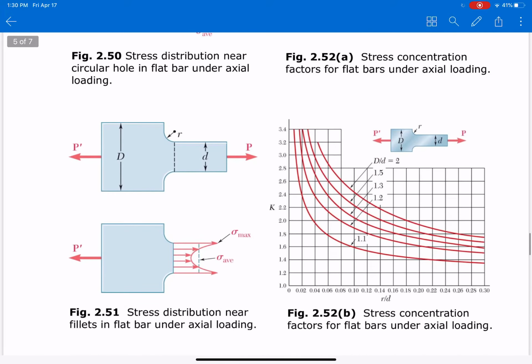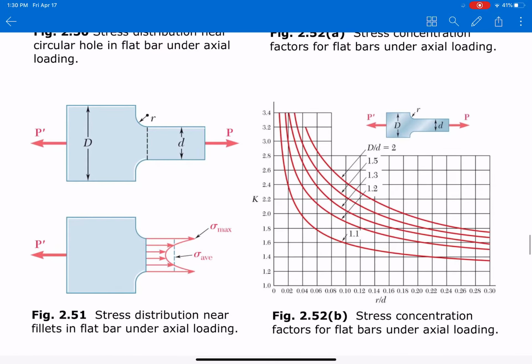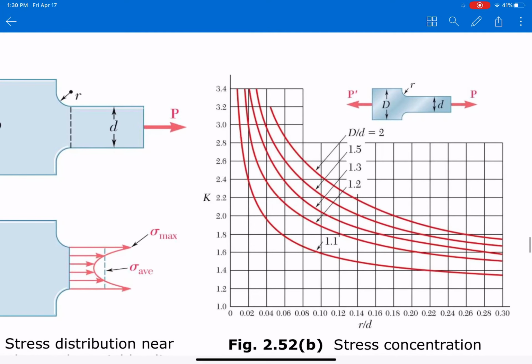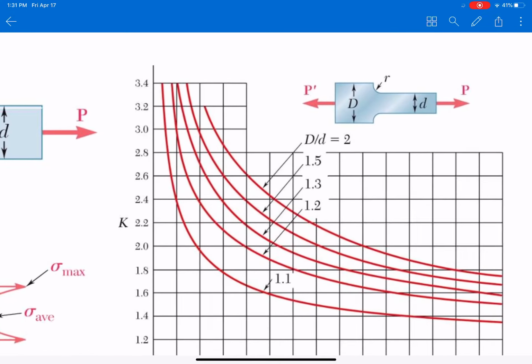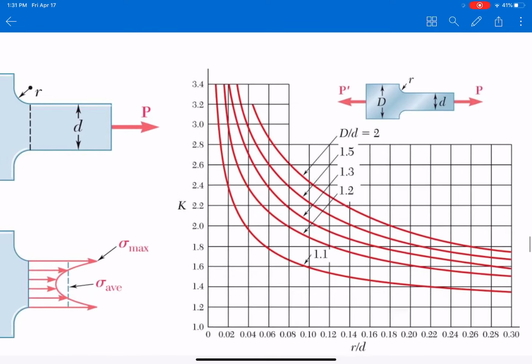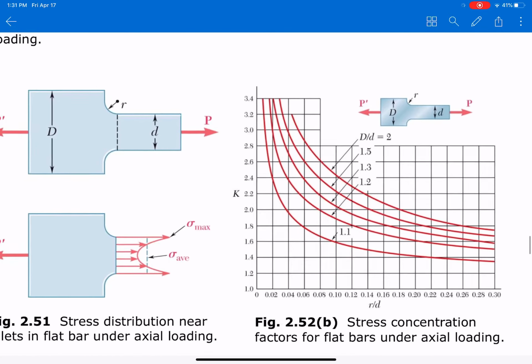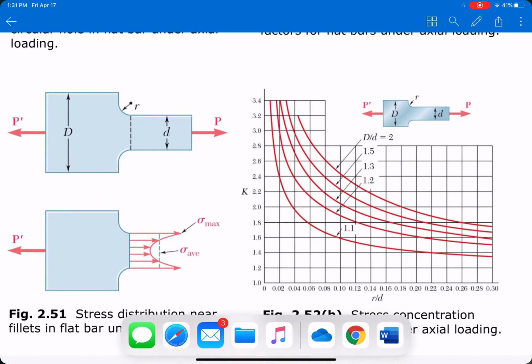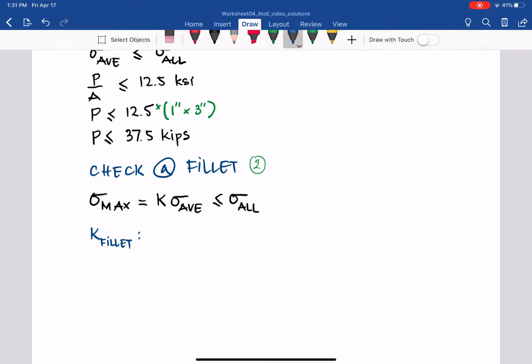For the fillet, we need r, the radius of the fillet, d lowercase, the width of the neck, and D capital, the width of the big one. So let me find that ratio before we go back to use the chart.